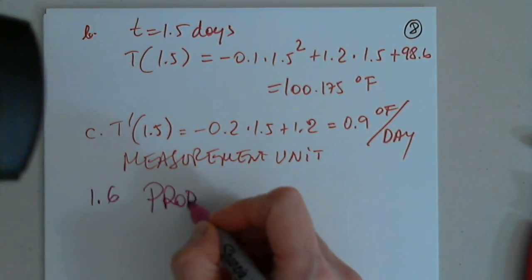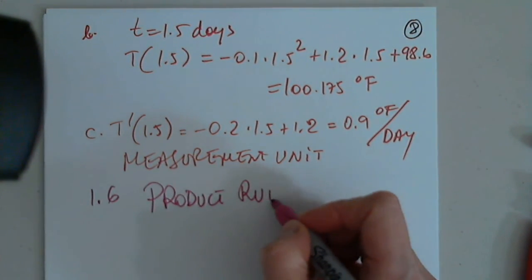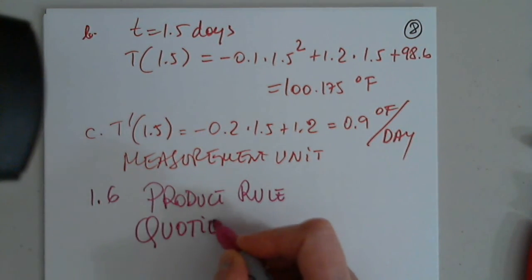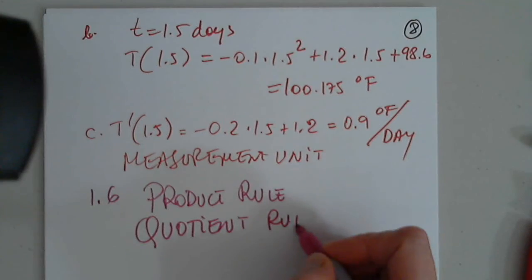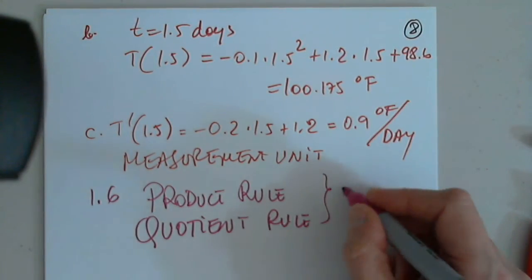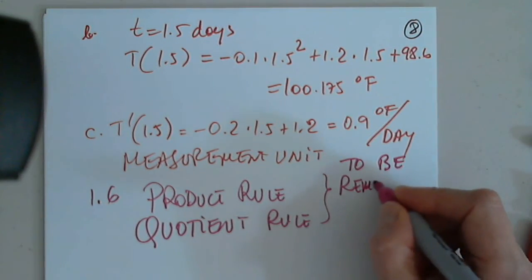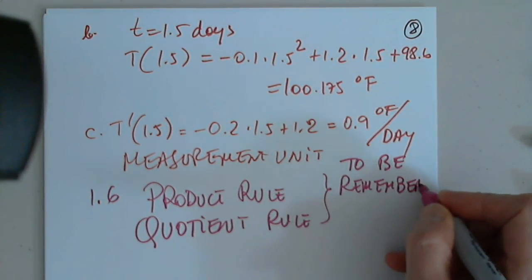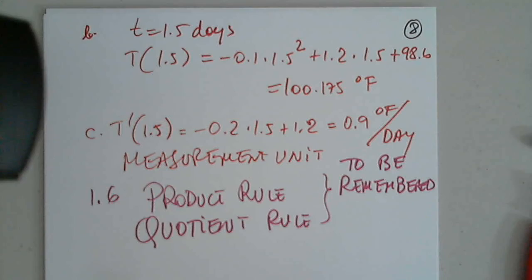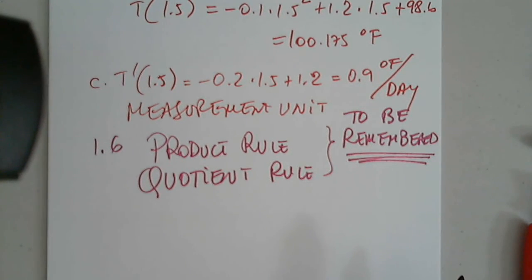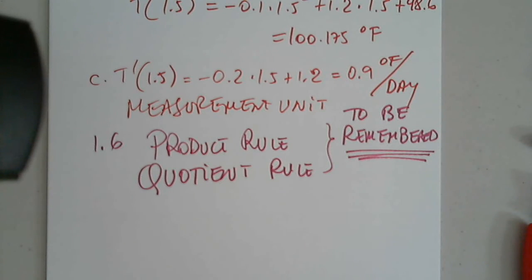One called product rule and one called quotient rule. These have to be remembered. Very important. Do not try to reinvent anything here. It's too late for us.